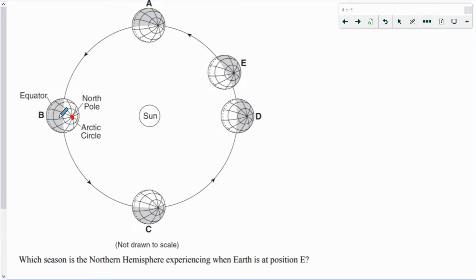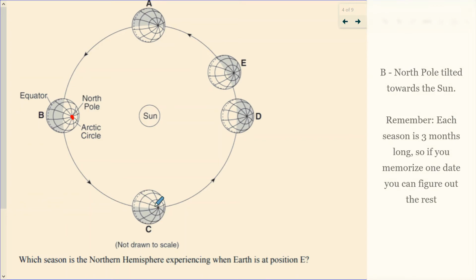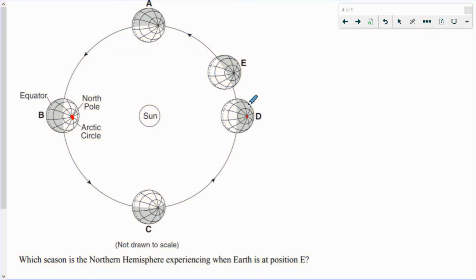So 3 months later, remember June, July, August, September, October, November, December, North Pole's tilted away. This would be in about January. January is in the winter time. So between D and A would be winter. Okay. First day of spring, between A and B would be springtime. First day of summer is here, so this is summertime.